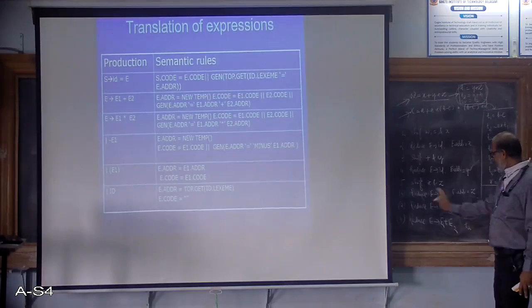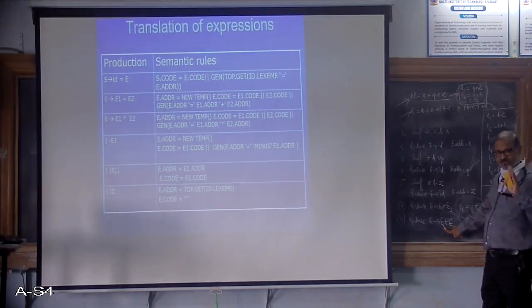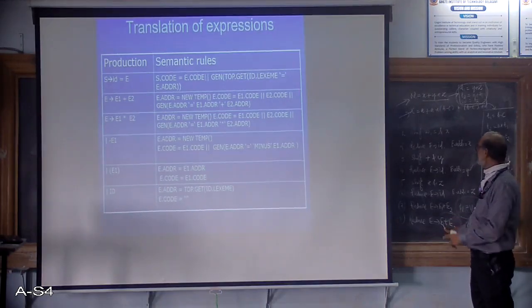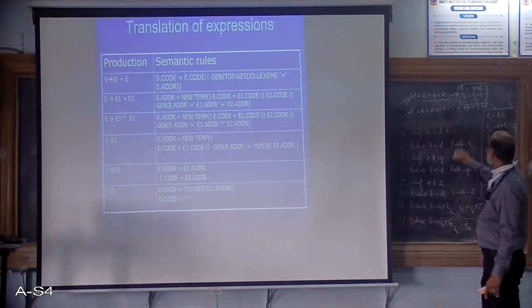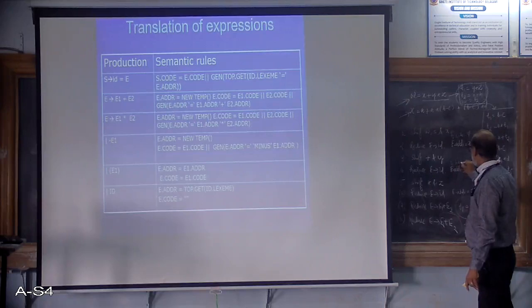So just before the reduction, I have E1 dot code, the sequence of 3 address codes evaluating this, which is null. So you can indicate here E dot code equal to null. Here also E dot code equal to null.